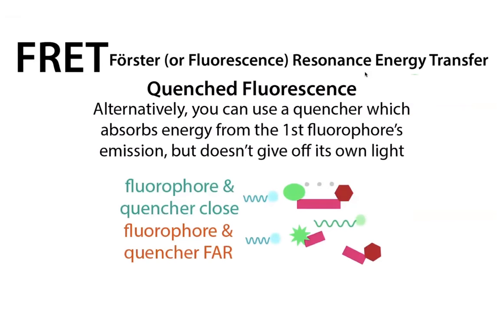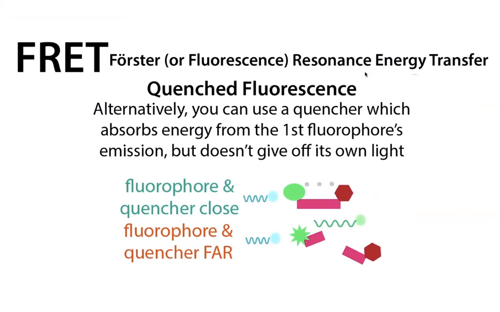Similar to FRET, but without giving off fluorescence at the end, there's something called quenched fluorescence. Basically the second molecule is going to absorb that energy from the first molecule. It's going to do that whole FRET process with the first one, but it's not going to actually give off light. Instead, it's a quencher. It just absorbs that light, but it doesn't give it back as light.